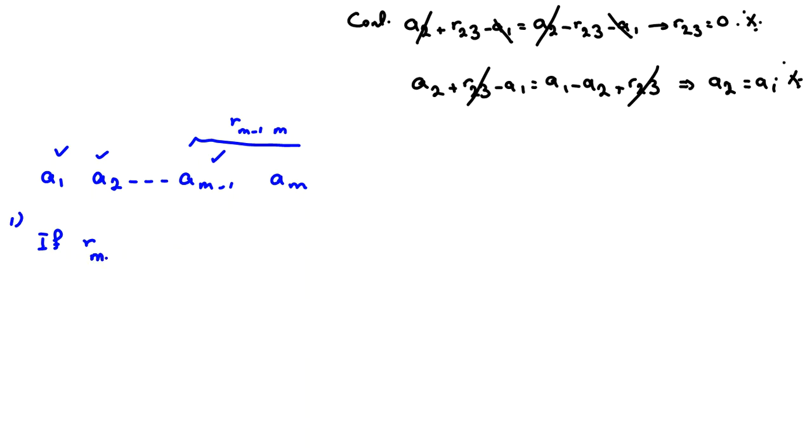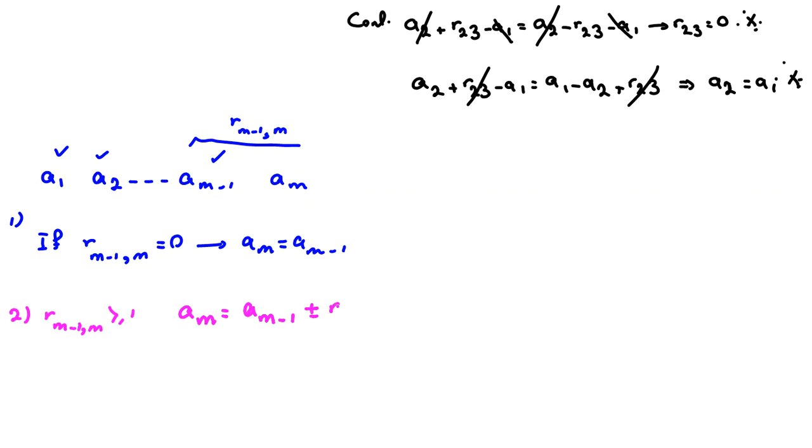Case 1: if R(M-1),M equals 0, then AM equals A(M-1) and we are finished. Case 2: if they are not equal, so R(M-1),M is at least 1. Now AM is A(M-1) plus or minus R(M-1),M. I want to say one of them is good, but for which case? If all of them are not equal.